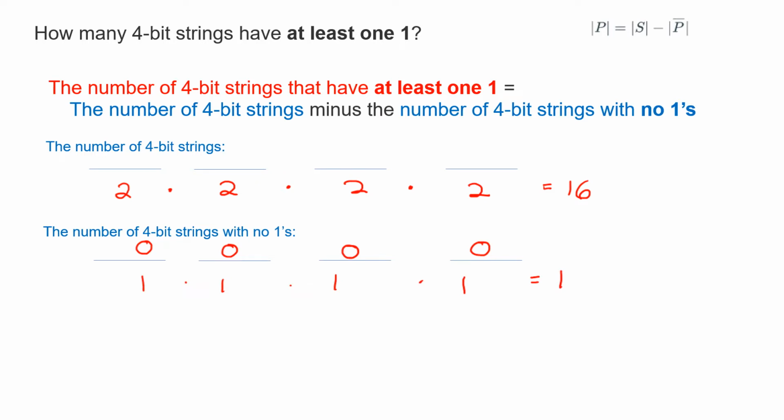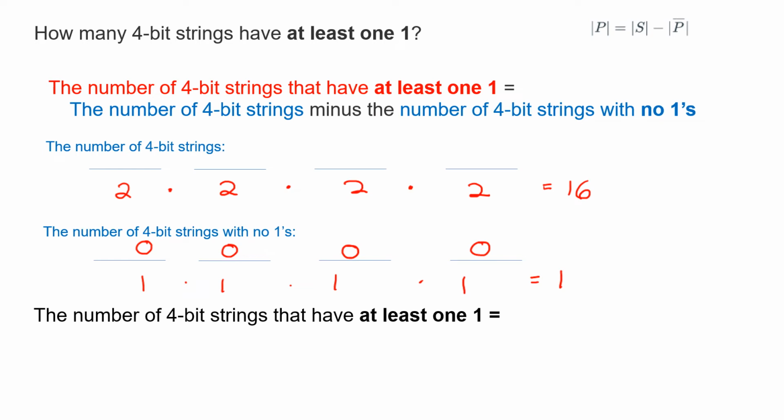Only one option for the first slot, one for the second, one for the third, one for the fourth. Okay, so again, that top line of zeros is just saying this is the only 4-bit string that would satisfy that. And then below, this is how many ways we can fill each slot staying with these requirements. So it would be 1 times 1 times 1 times 1, which is equal to 1.